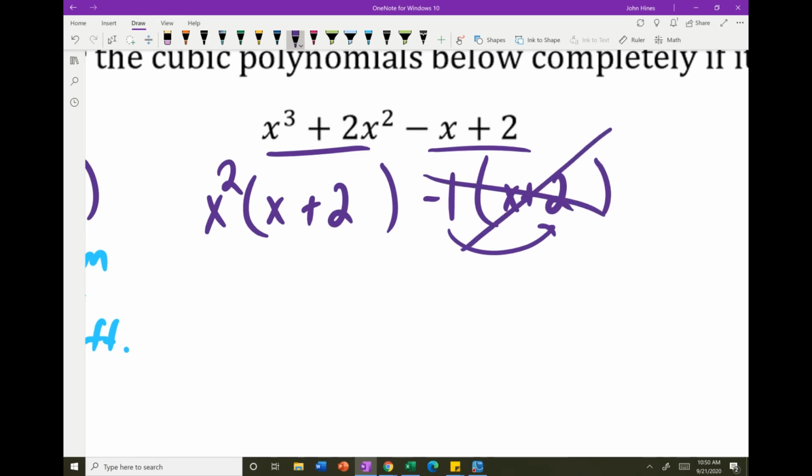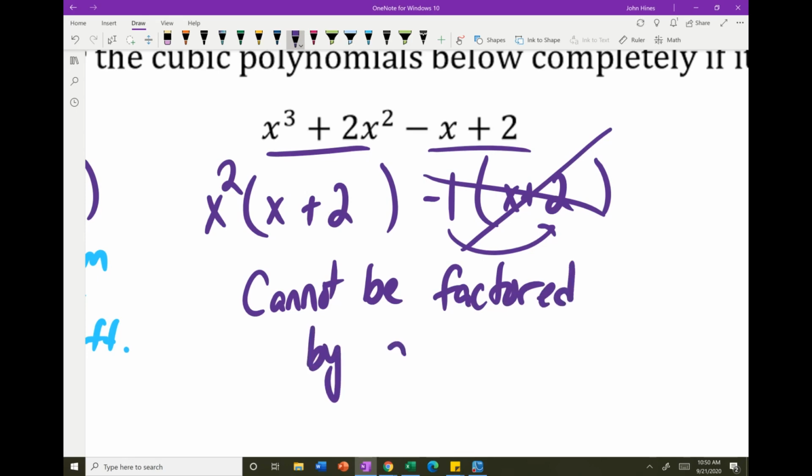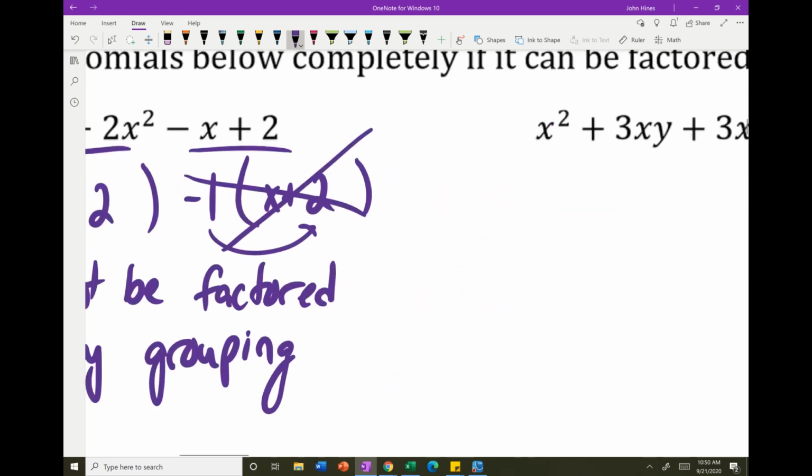So that's not working. So this cannot be factored by grouping. It probably can't be factored at all. But right now we're going to say this cannot be factored by grouping. I can't group to factor this. So even though there's 4 terms and it looks really tempting to factor this one, we can't actually factor this by grouping. So we quit.